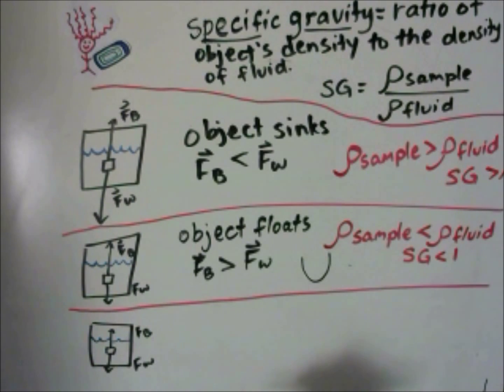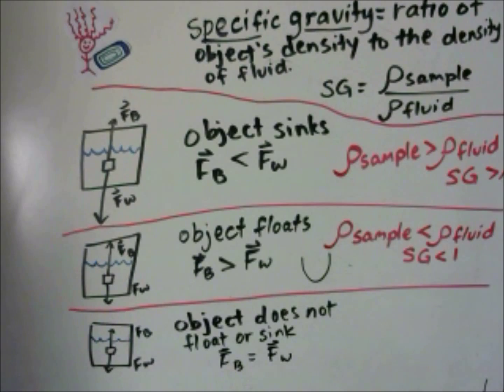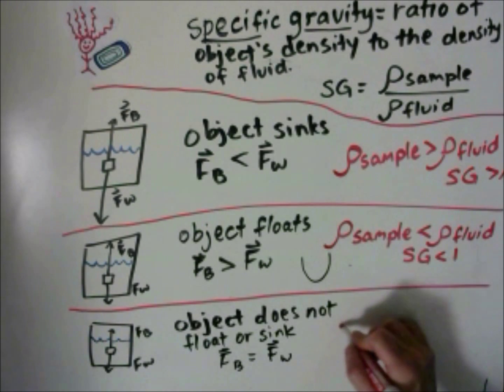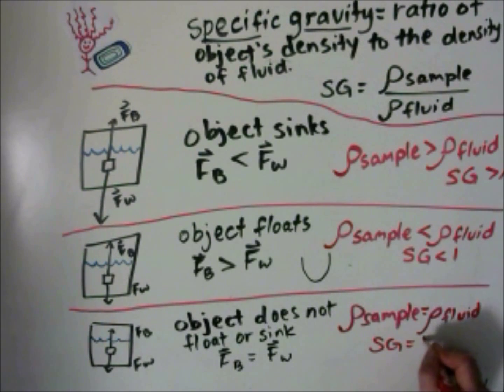This object does not float or sink. In this case, the buoyant force equals the force of weight. The density of the sample equals the density of the fluid, and the specific gravity equals 1. So this object will just stay in place wherever it falls.